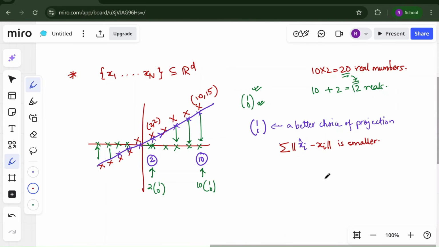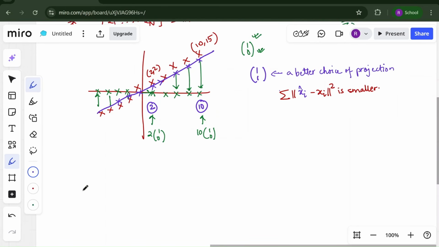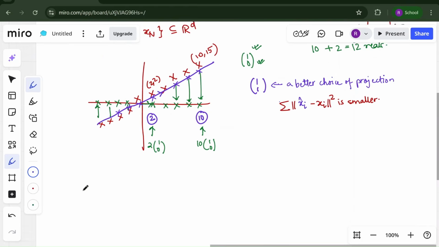That is why the purple choice is a better choice, right? Now what we do in PCA is that we try to algorithmically deduce what is the best choice of projection, or what is the best vector where if we project, we will get the distance as small as possible. By the way, this has a special name. It is called the reconstruction error. So this is an overall intuition about PCA.